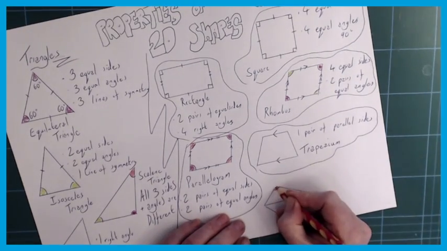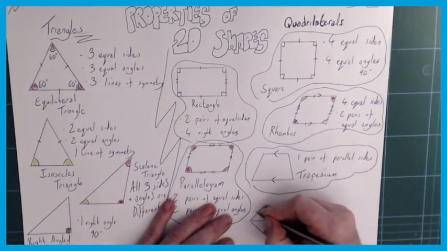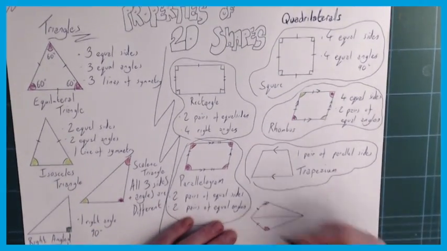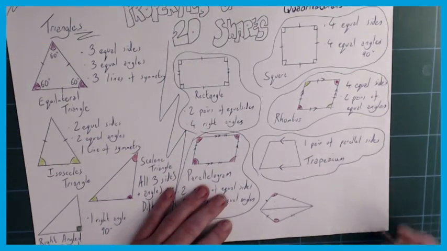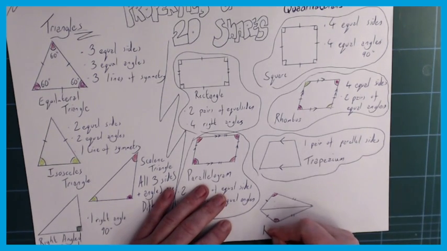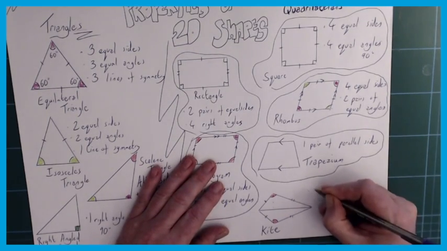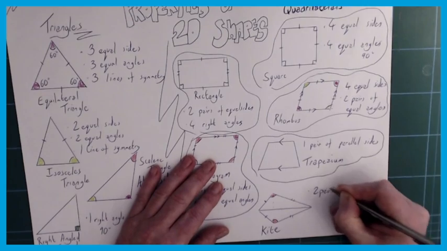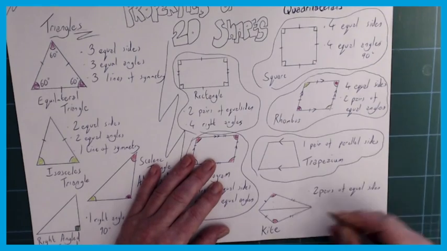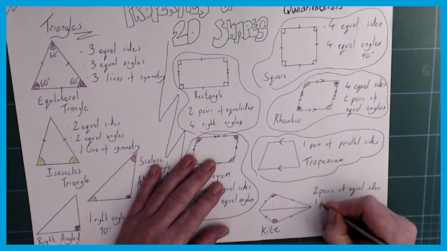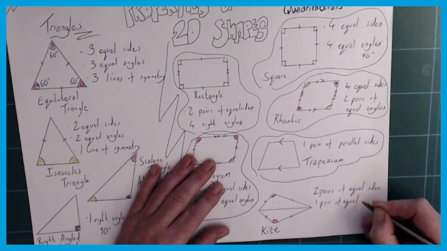So these angles here are equal. These 2 sides are the same length, and these 2 sides are the same length. And this is a kite. So this is 2 pairs of equal sides and 1 pair of equal angles.